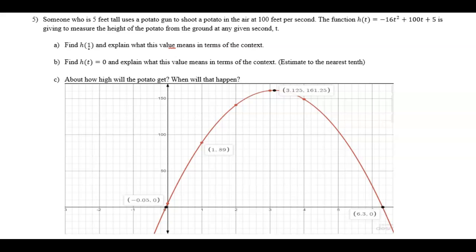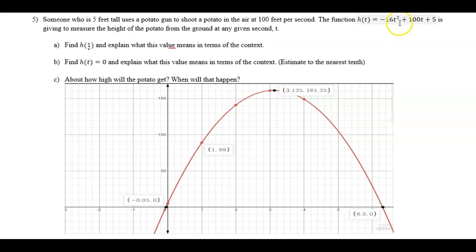On part A, at 1 second, what will be the height of the potato from the ground? The y value is the height. That's the y-axis, and this one right here is the time, the x-axis.